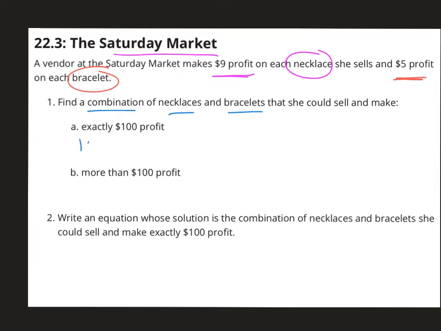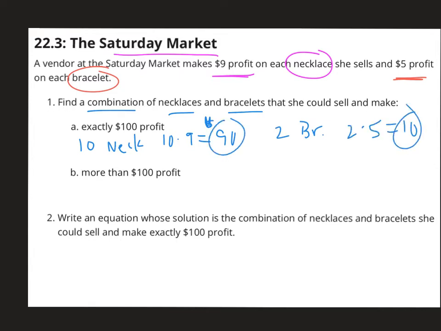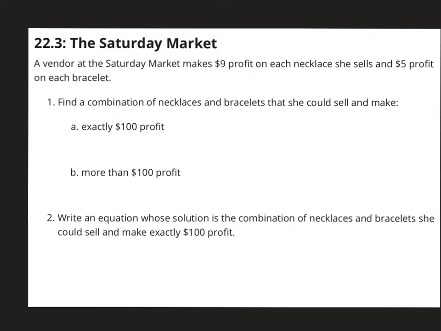We'll sell 10 necklaces, and that's 10 times 9, which gives us $90. And then we'll sell 2 bracelets, and 2 times $5 equals $10. And $10 and $90 would equal $100 profit. So 10 necklaces and 2 bracelets yields us exactly $100.